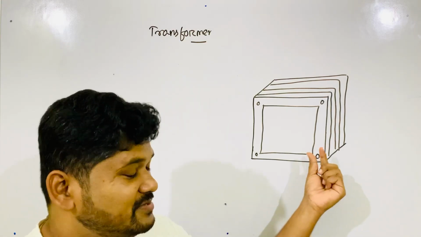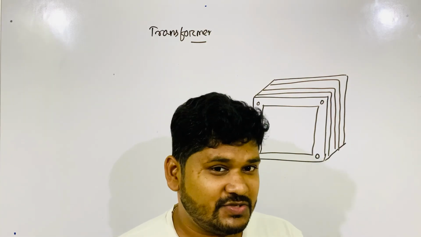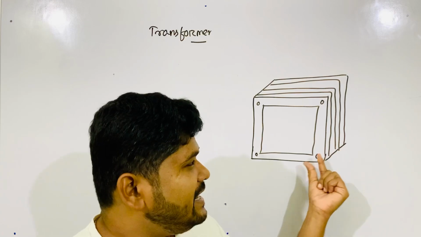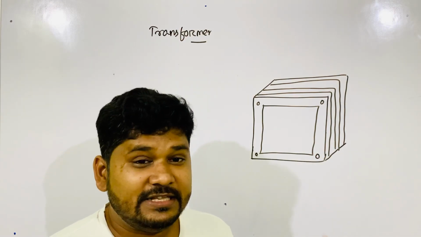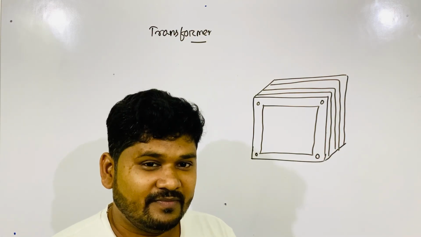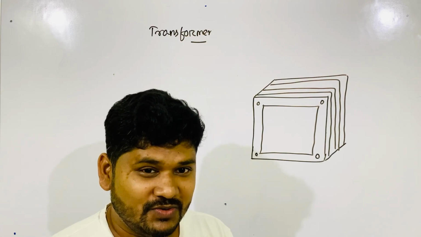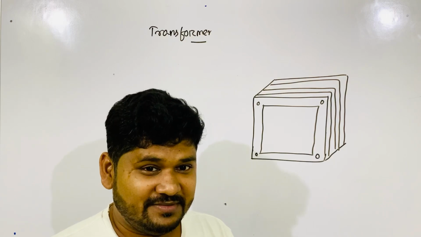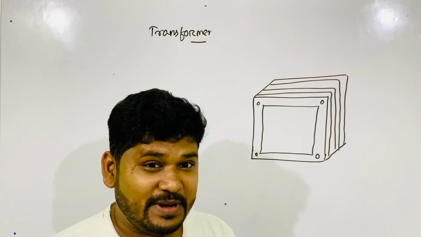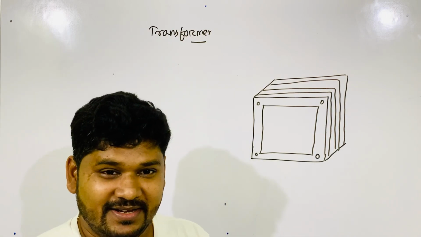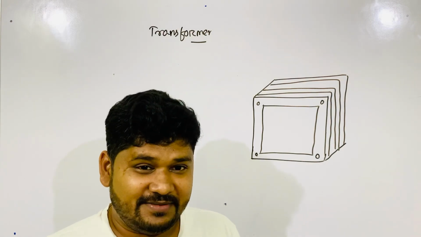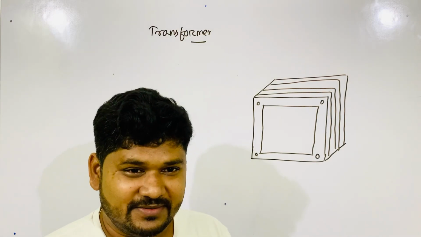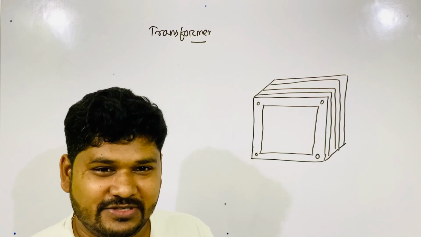Why have I done lamination? I will tell you, just wait. This is the laminated core, and what is this core made up of? Wood? Not wood. Copper? Not copper, because copper is a diamagnetic substance, and magnets are allergic to copper; it always reduces everything.